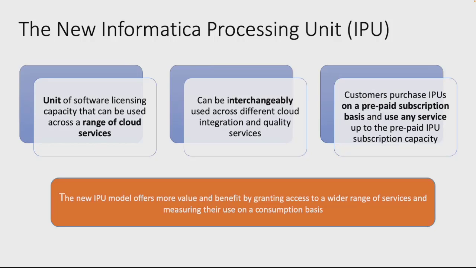So no restriction on what services you could use. The total IPU entitled will get reset in every billing cycle. So you could focus on your business requirements and your use cases rather than navigating through licensing and figuring out if you have the right product or service, right? More flexibility, completely consumption based, no restriction on any cloud services that you could use.